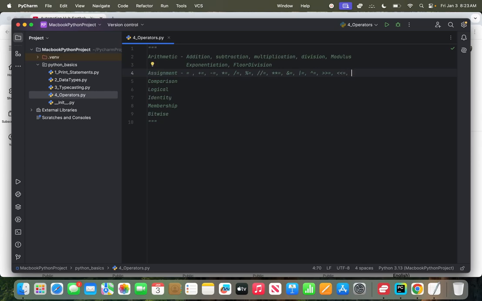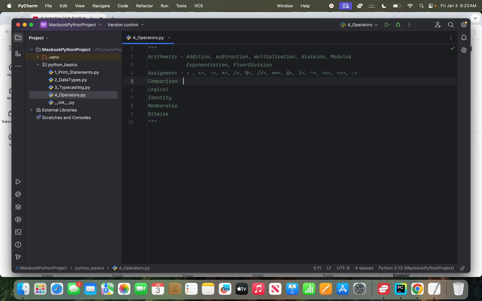If you print something like A or B or C and use this symbol with 3, that means you are saying that A or B or C is equal to 3. So these are different kinds of assignment operators.